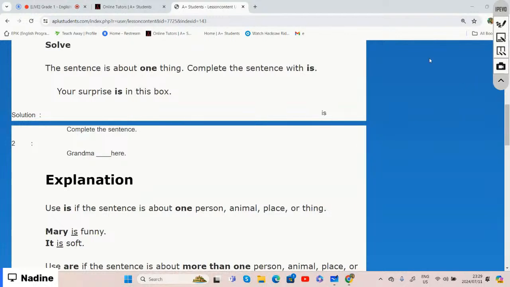Get the next one. Grandma. Do we say grandma is here? Do we say grandma are here? Or do we say grandma am here? So grandma is here, grandma am here, or grandma are here. Which one is correct?